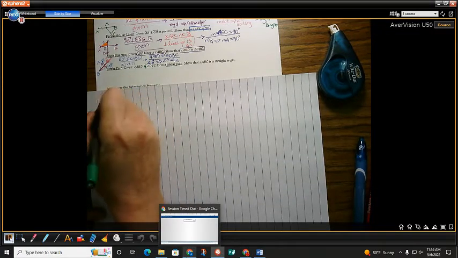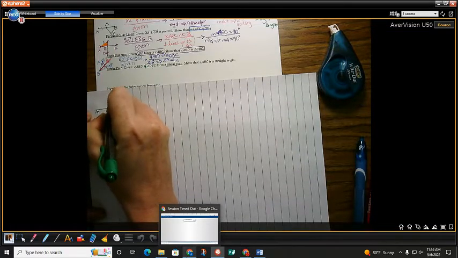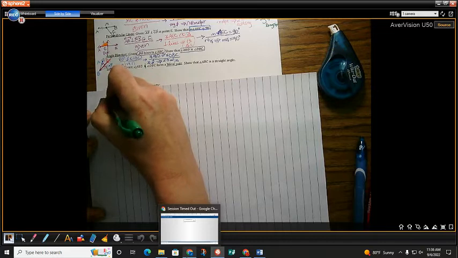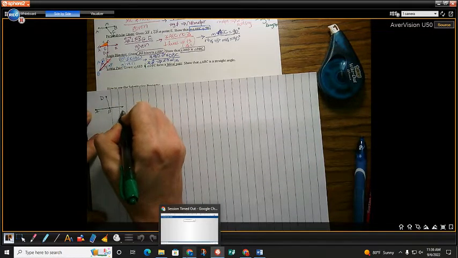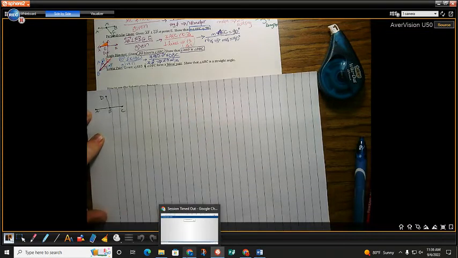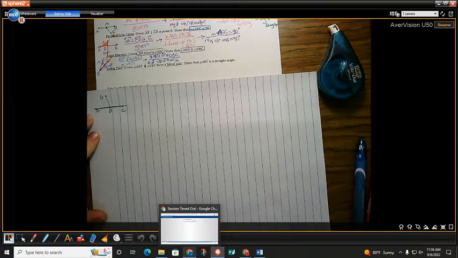So I'm going to draw that as a linear pair. So I've got angle ABD and then angle DBC should form a linear pair. And linear pairs form a straight line when you stick them together, right? And look, they're stuck together and they form a straight line.